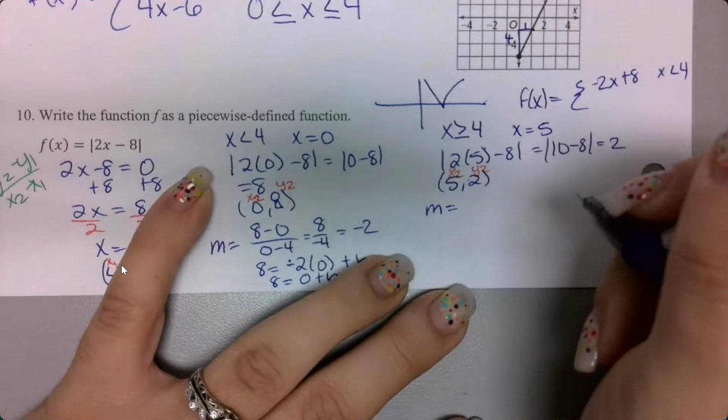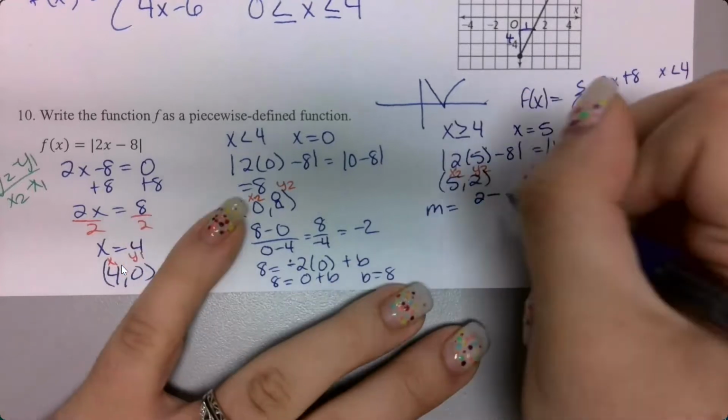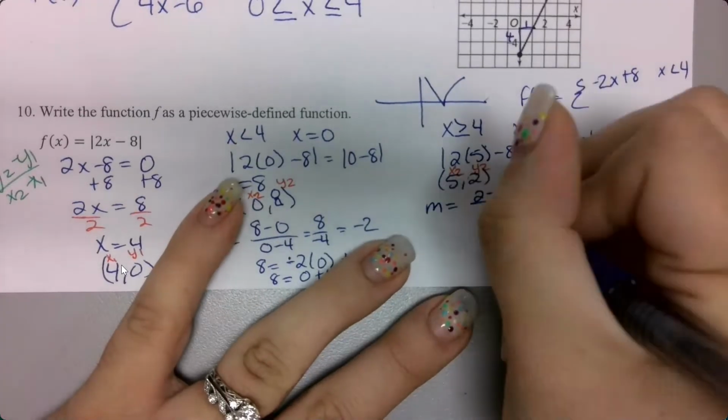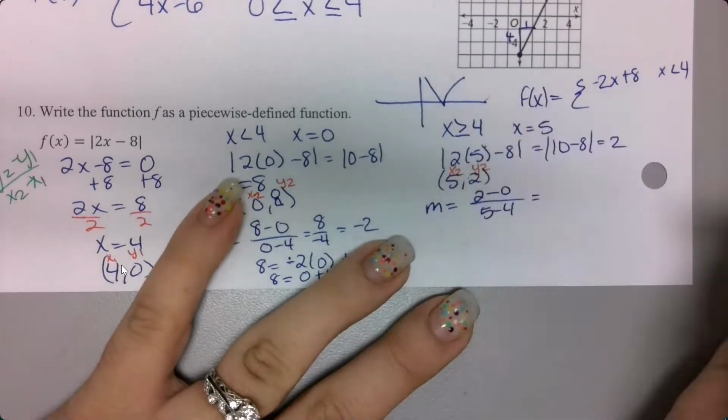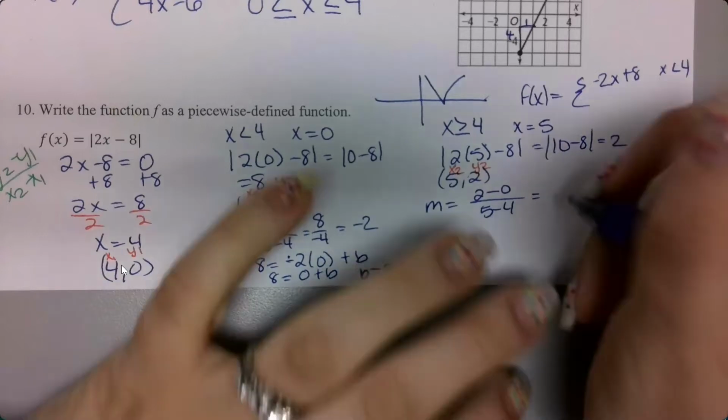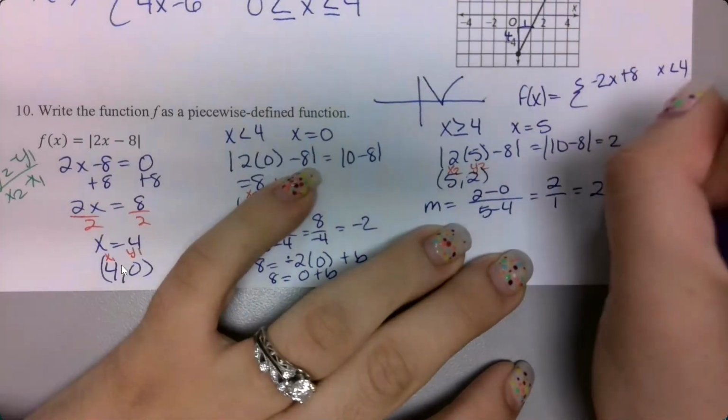That's going to give me 2 minus 0. My x1, y1 is still the same. Then I have 5 minus 4. That gives me 2 over 1, which is 2.